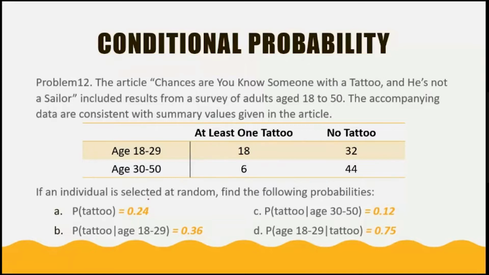If an individual is selected at random, find the probabilities that: A, the individual selected has a tattoo; B, the person has a tattoo given that his or her age is 18 to 29; C, the person has a tattoo and is aged 30 to 50; and D, a person is aged 18 to 29 given that he has a tattoo.